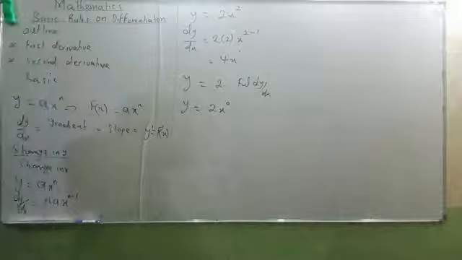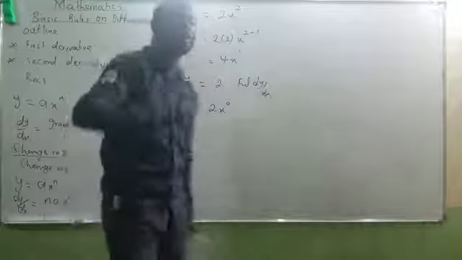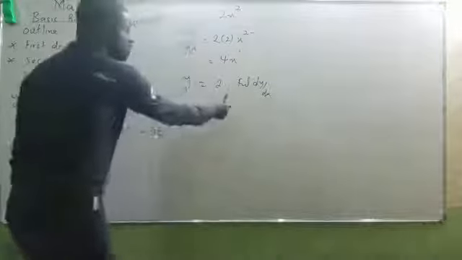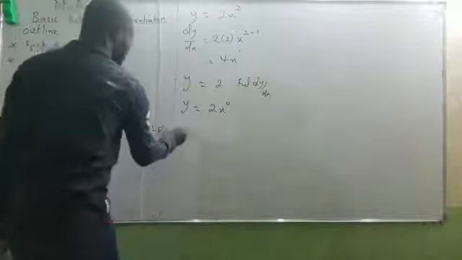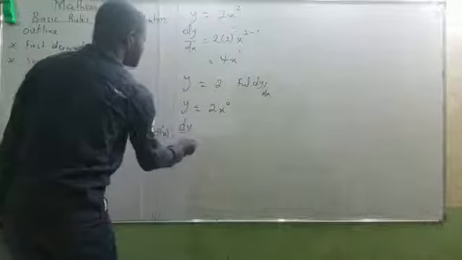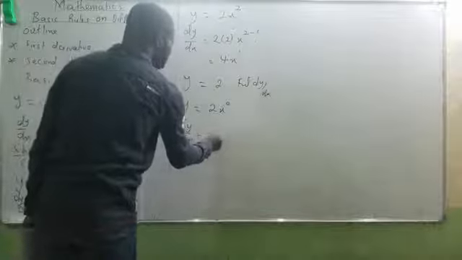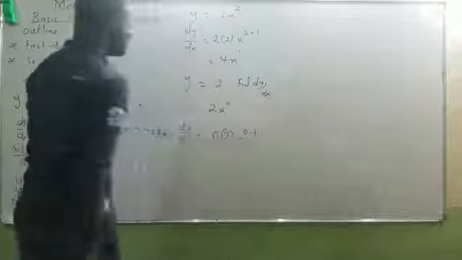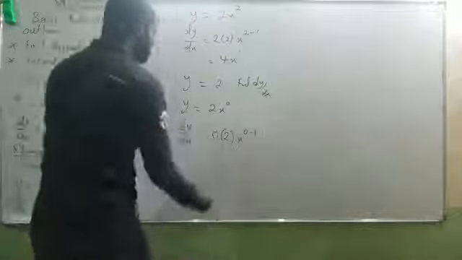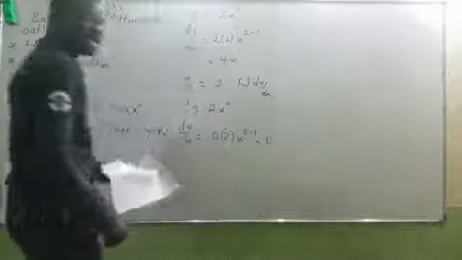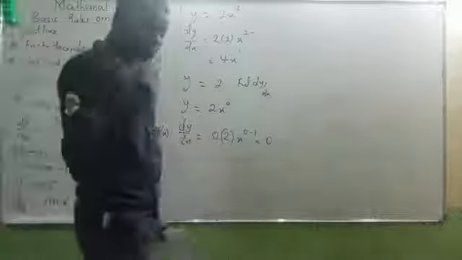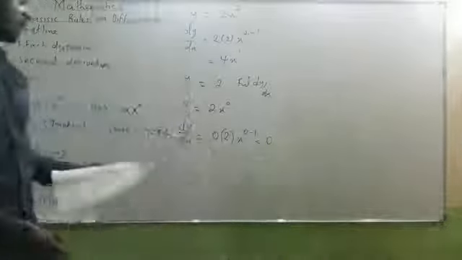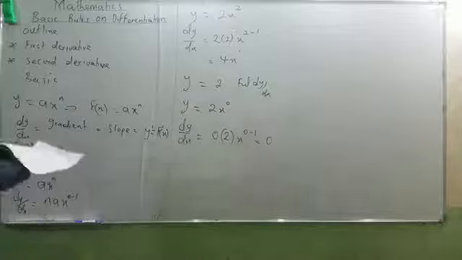Please take note of that, because I know that anything raised to power 0 equals 1. So I can write dy/dx equals 0 multiplied by 2x raised to power 0 minus 1. Can you see that this is 0, multiply everything becomes 0? That is why whenever you differentiate any given constant, you always have 0. That is what you need to understand.